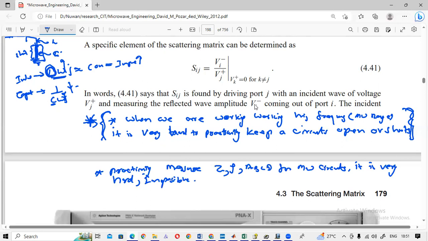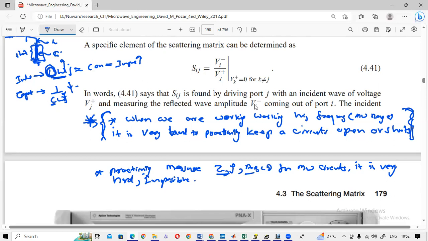You will have some wrong measurement, because you can't keep the circuit shorted or open as you wish. So the Z parameter and ABCD parameter are sometimes practically hard to measure for microwave frequencies.